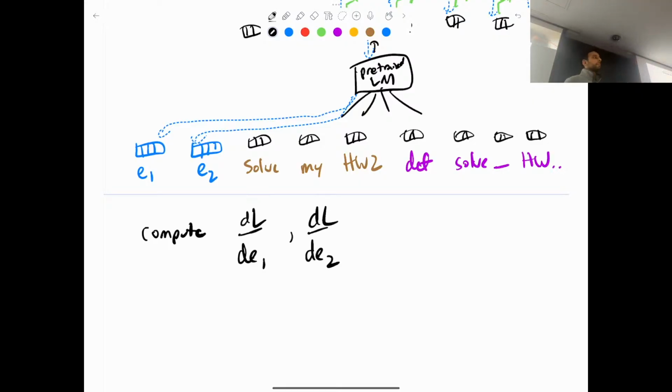So I'm going to look at the partial derivative of the loss with respect to each of these 2 new parameters that I have added, and I only want to compute these, and then I will update them. So E1 new equals E1 old.